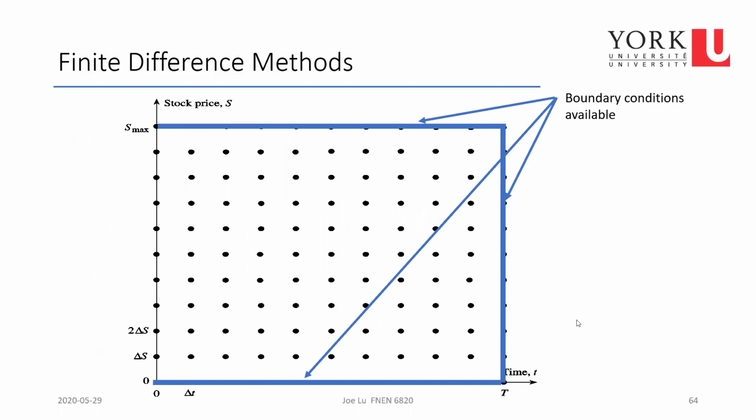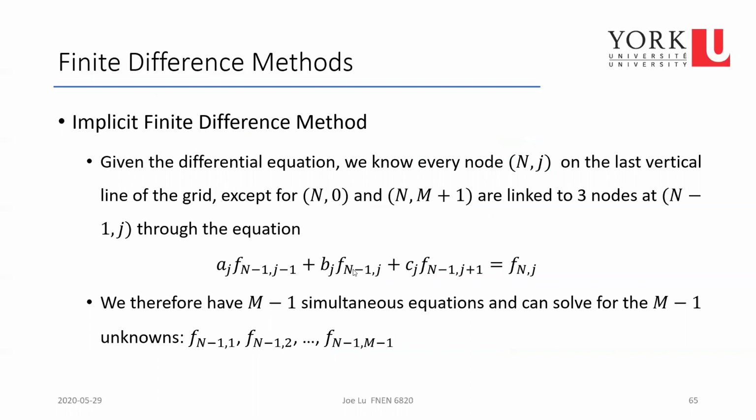So we know those values that I highlighted here in blue, every single point. If we look at it, you will then see that we actually have m minus 1 simultaneous equations.